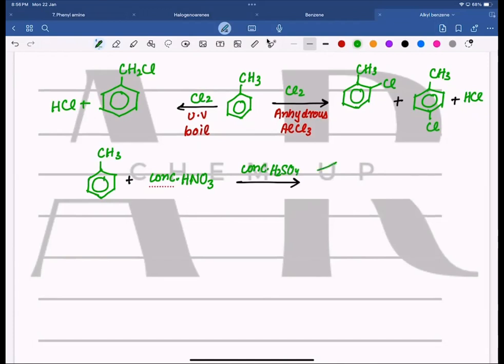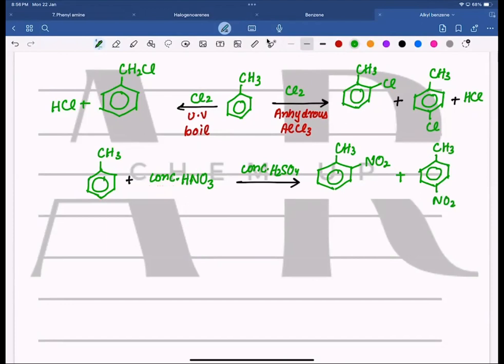So again we get a mixture of the product because in some of the methyl benzenes the nitro group gets substituted at second carbon, and in the rest of the molecules, it gets substituted at fourth. Is this clear? Yes, sir.